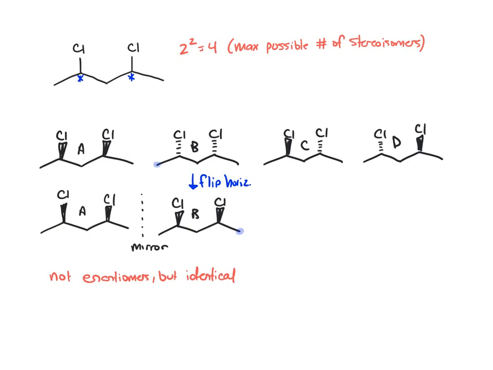So if you think about this, A is superimposable on its mirror image, B. If that's the case, A and B don't have an enantiomer.